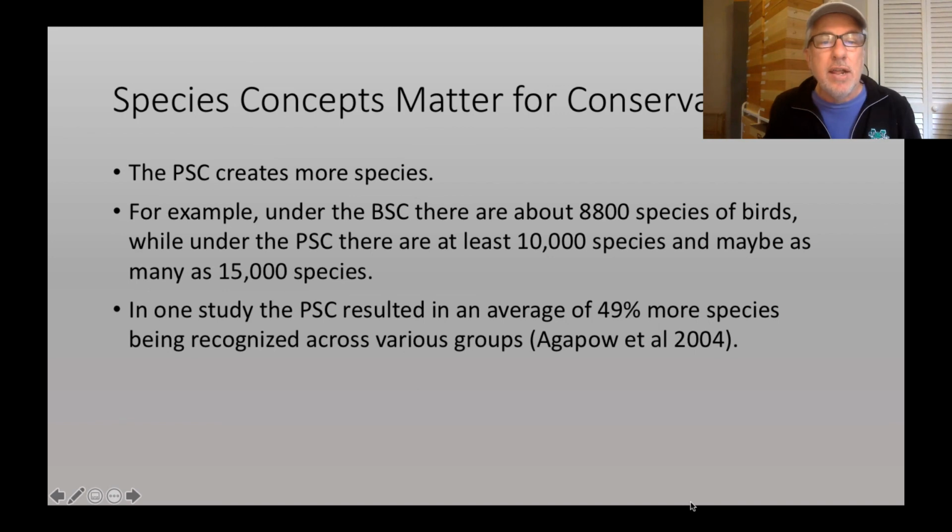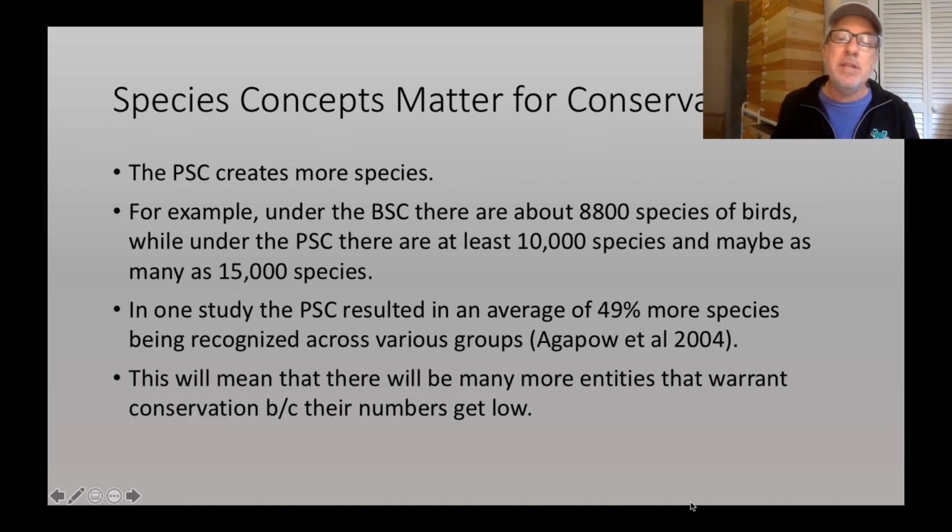In one study, the phylogenetic species concept resulted in an average of 49% more species. That's almost 50% more species being recognized across various groups, mainly vertebrates. This will mean that there'll be many more biological populations that warrant conservation because these are now smaller populations, they have lower numbers, and therefore they're more likely to be endangered.